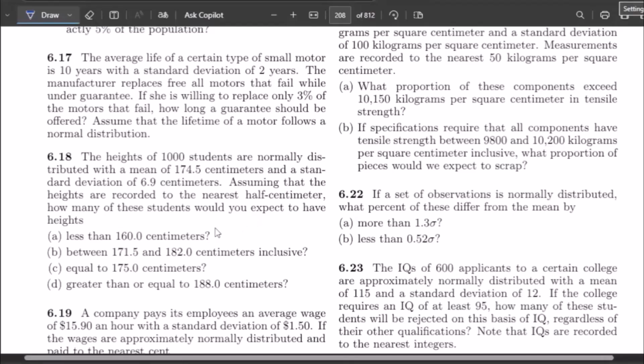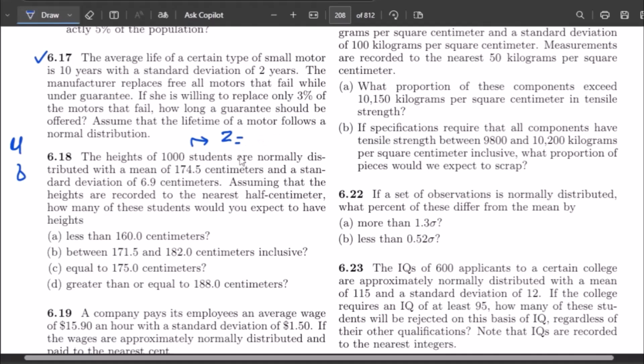Welcome back, guys. So in our previous videos we had talked about all the questions from 6.1 up to 6.17, and in all of those questions, whether these are some specific real world problems or not, we had some mean value, we had some standard deviation, and what we have done, first of all, is convert all of these values into the z domain.